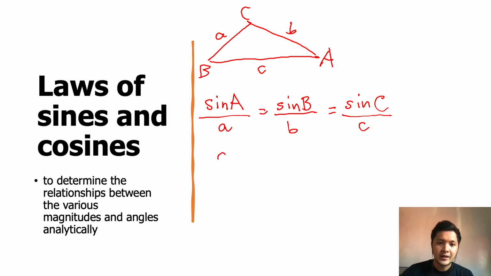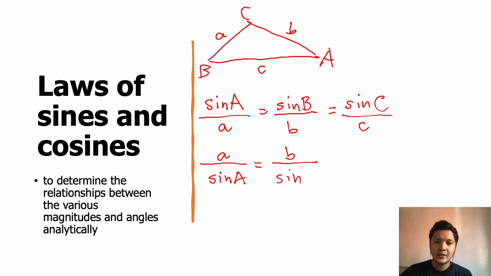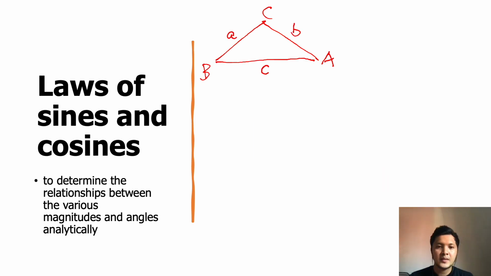So which means side A divided by the sine of angle A is equal to side B divided by sine of angle B, which is also equal to side C divided by sine of angle C.